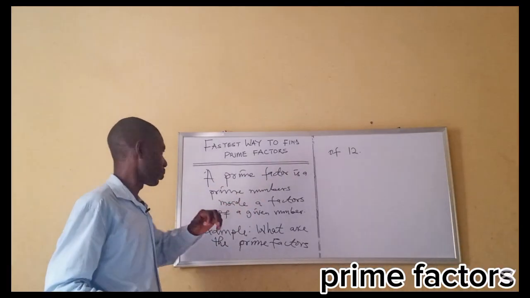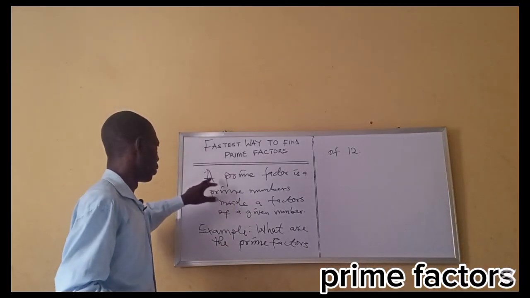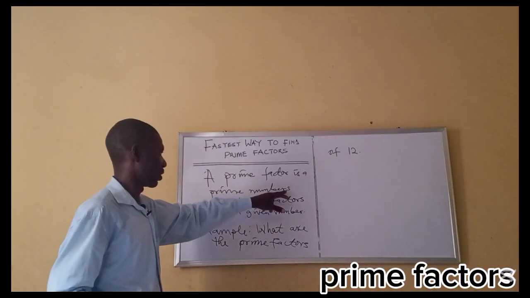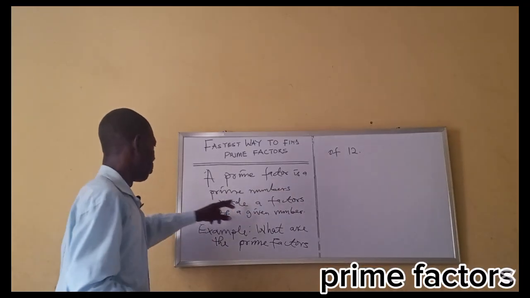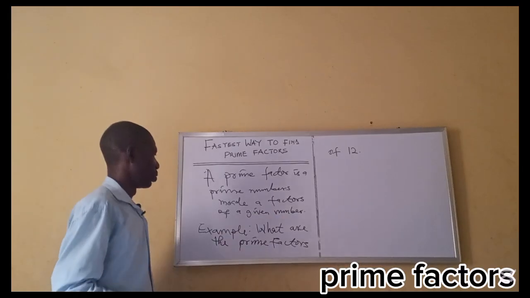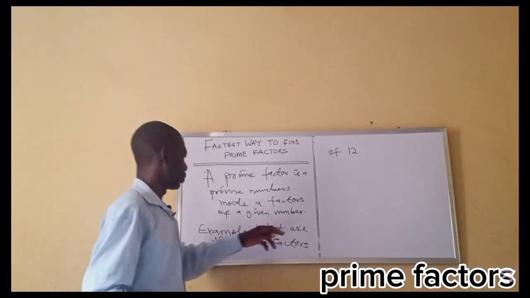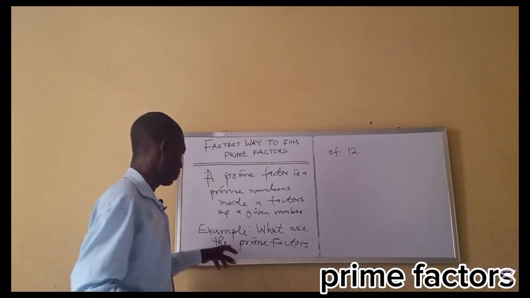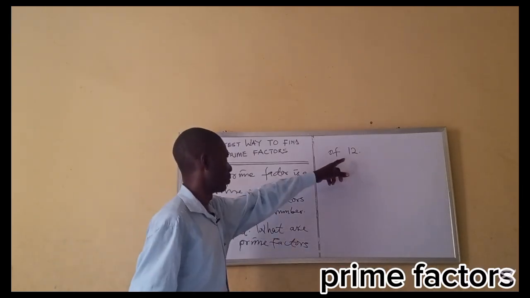Hope you are listening. If you look at the definition, a prime factor is a prime number inside the factors of a given number. So to get the prime factors, look at this example now. What are the prime factors of 12?